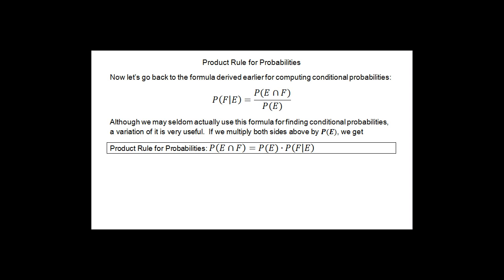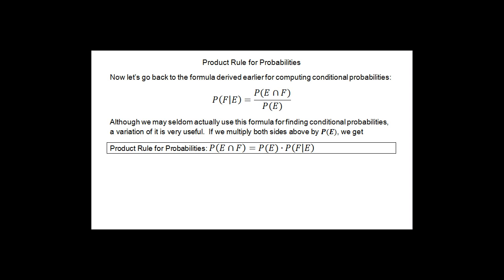Now let's go back to that formula we derived earlier for conditional probabilities, the one that involved using a ratio of probabilities to get the result. Although, as I mentioned at the time, we may seldom actually use that formula for finding conditional probabilities, it does have a guise under which it's very useful. And that's in this form that I've written it in here, which is called the product rule for probabilities.